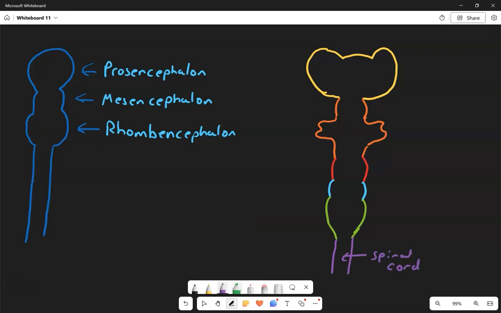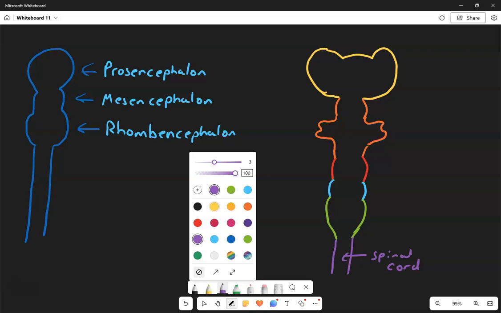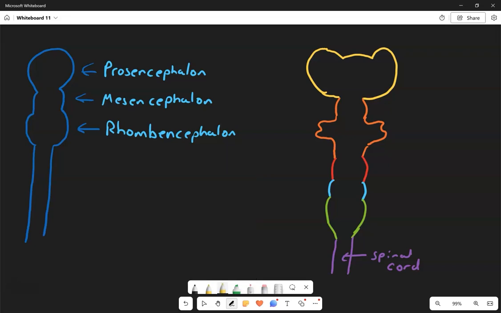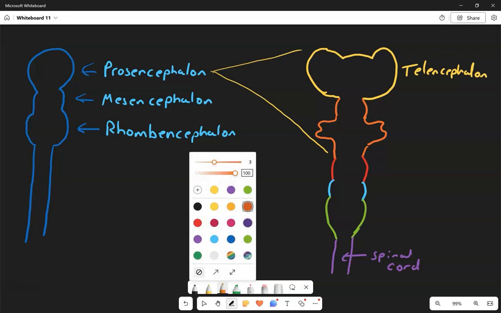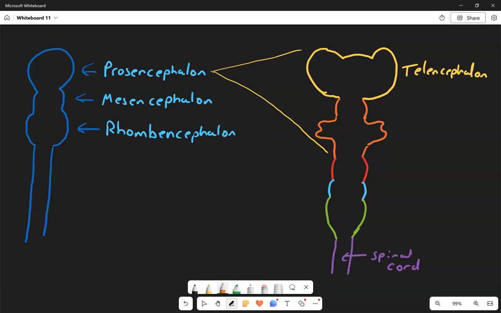All right, so what we have is that the prosencephalon is going to divide into those two regions there, which are the telencephalon, and then in orange you have your diencephalon.